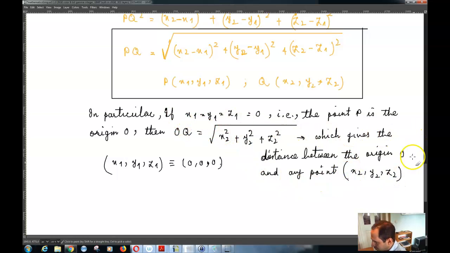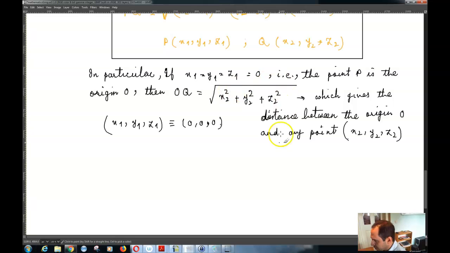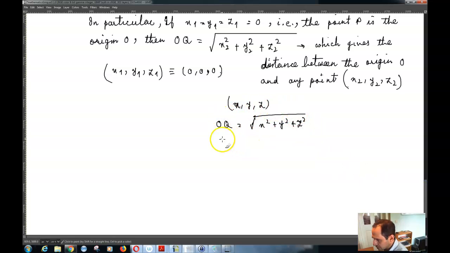So that means that if you take the coordinates of that point as simply x, y, z, then the distance of that point from the origin, for example OQ, is going to be the square root of x squared plus y squared plus z squared, which is basically the same thing that we had in the case of 2D distances.